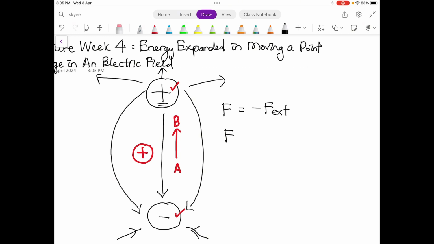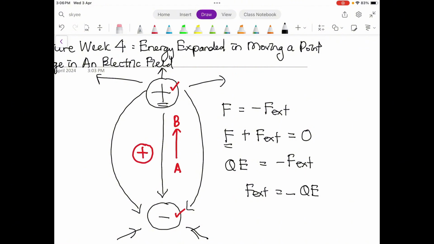When we add them together, the sum is 0, so the charge is maintained at its position. We can calculate F using our earlier formula F equals QE, so F external will be equal to negative QE.